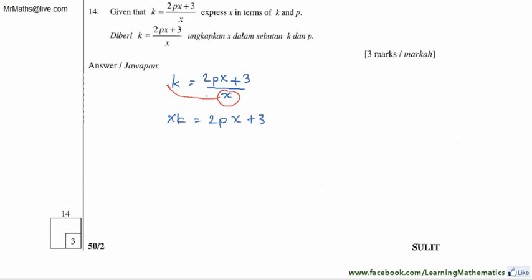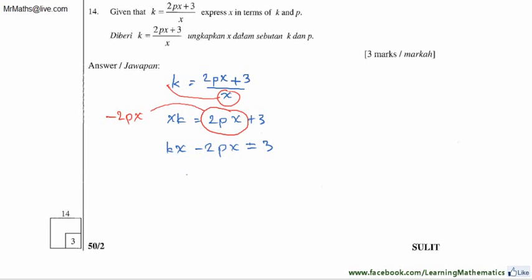Then let's put over here, because we need to collect all the x to one side. So that becomes minus 2px. So that becomes kx minus 2px equal to 3.